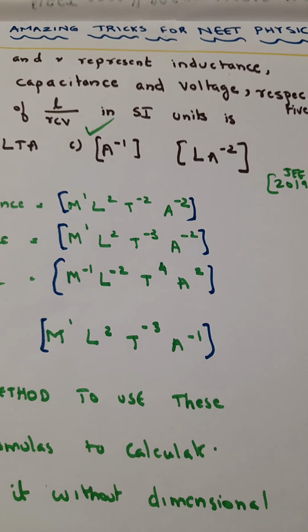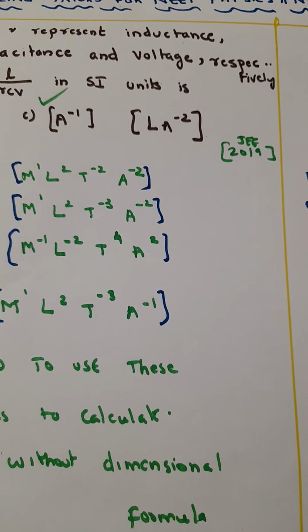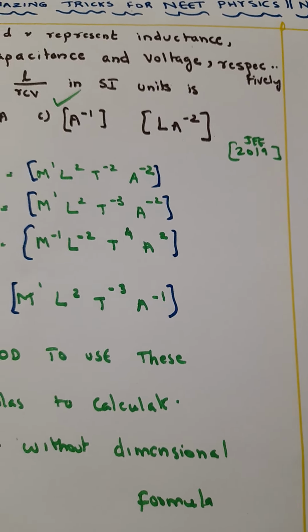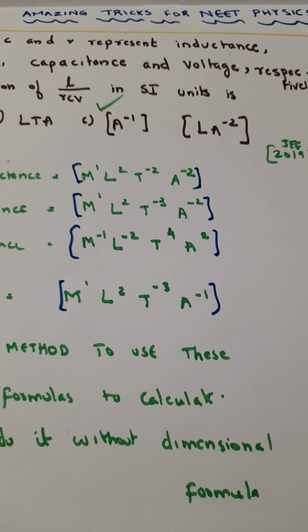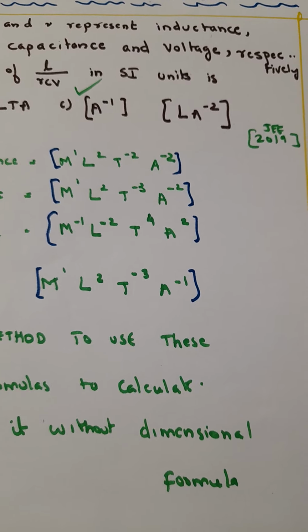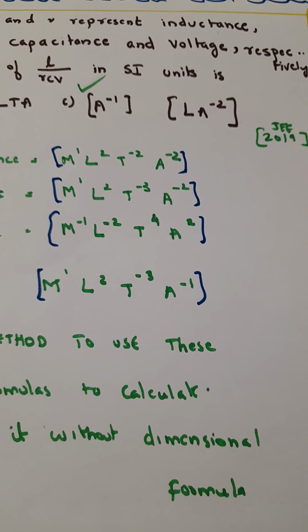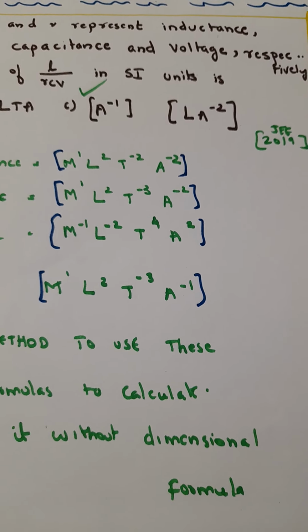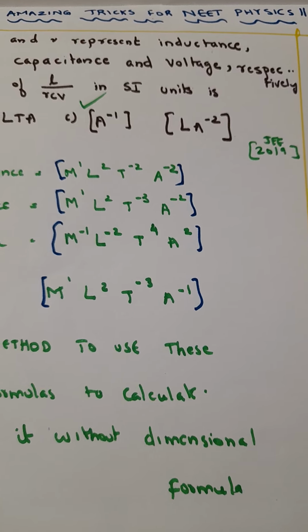So we will be doing more questions on dimensional equations, because many students are asking to give some shortcut methods for such questions, because these type of questions are sure shot for any entrance exam. Mostly in every question paper you can see such questions, including JEE as well as NEET.